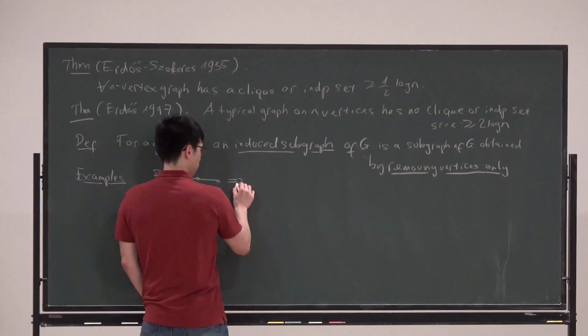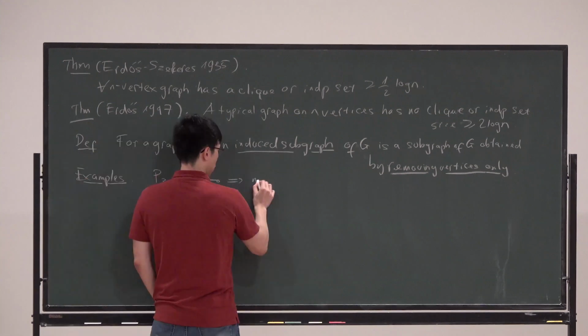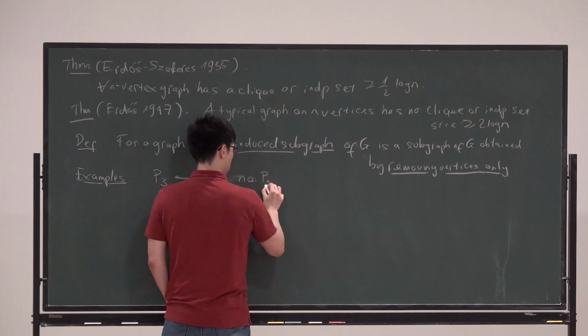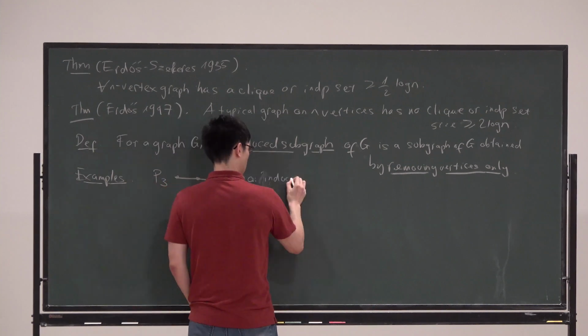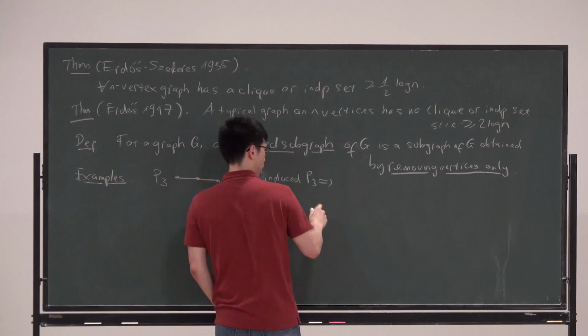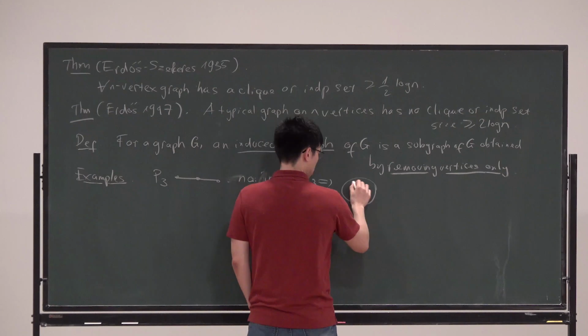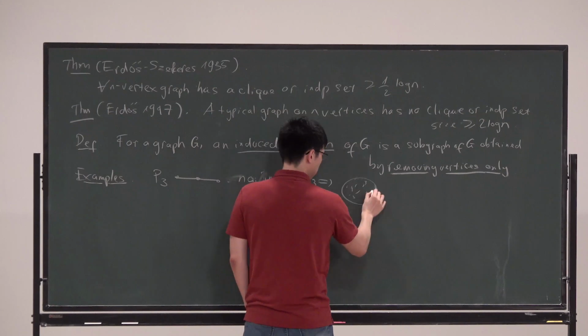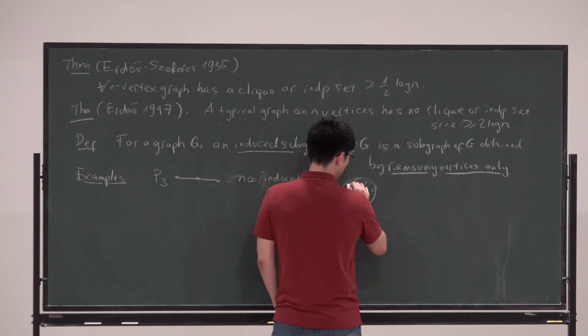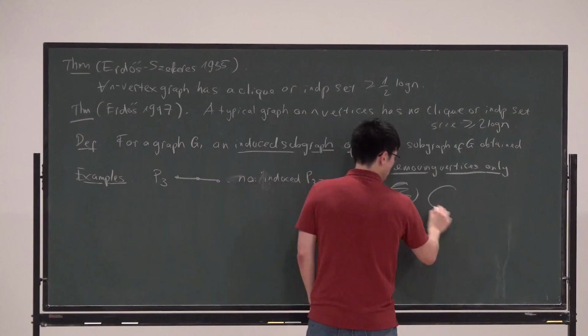Let me say no induced P3. It's not hard to show that if you have no 3-vertex induced path, then every component has to be a complete graph. Okay.